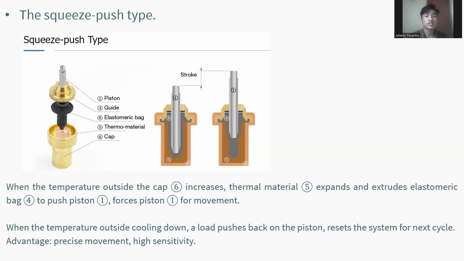When the temperature outside cap number 6 increases, thermal material number 5 expands and extrudes elastomeric bag number 4 to push piston number 1, forcing piston 1 to move. When the temperature outside is cooling down, it allows push back on the piston, resetting the system for the next cycle. Disadvantage: less precise movement and high sensitivity.